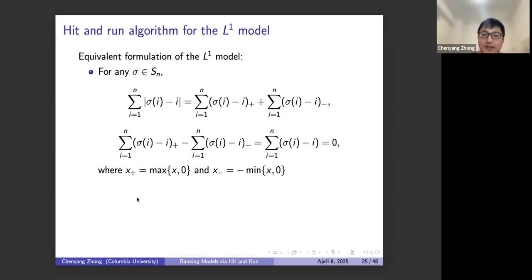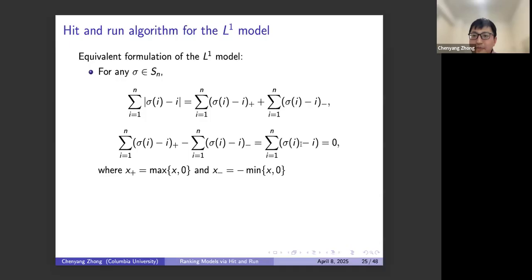And we can check that the summation of the positive part minus the summation of the negative part is equal to the summation of sigma_i minus i, because the positive part minus the negative part is just itself.